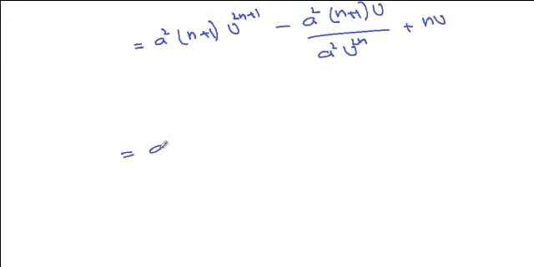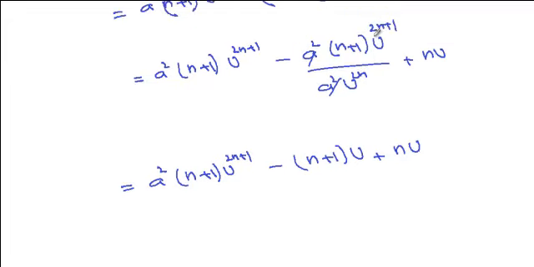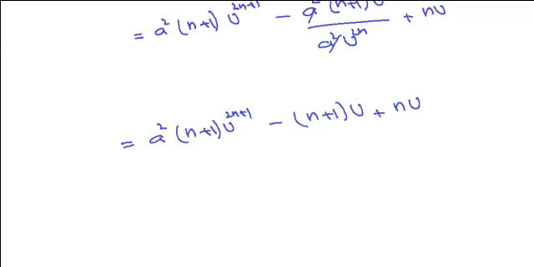From here we can write this as A²(n+1) u^(2n+1) minus (n+1) u plus n u, as this A² is cancelled with this one, and u^(−2n) combines with u^(2n+1), so 2n minus 2n is cancelled and we are left with power 1.